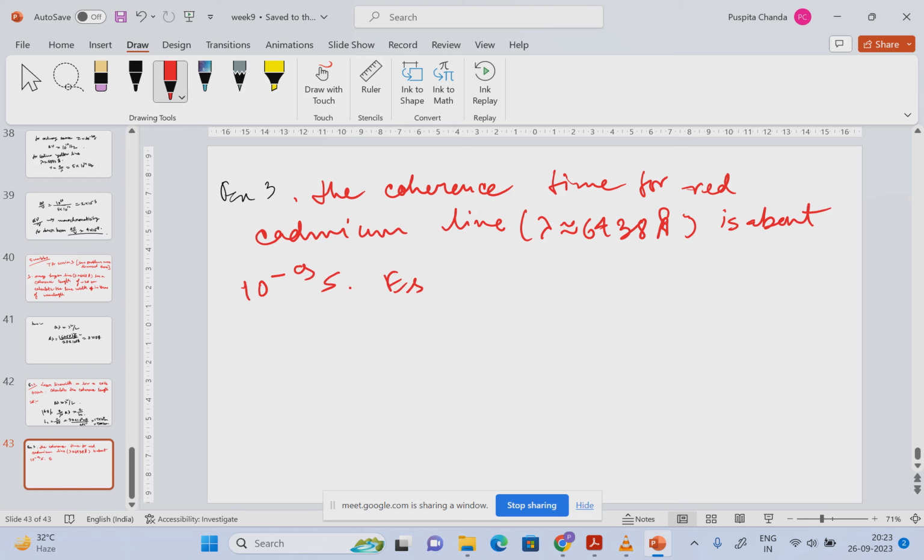Estimate the coherence length and the coherence time, and lambda is given. Estimate the monochromaticity of the line.